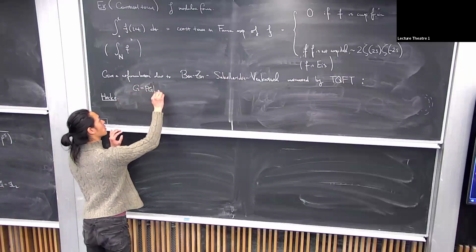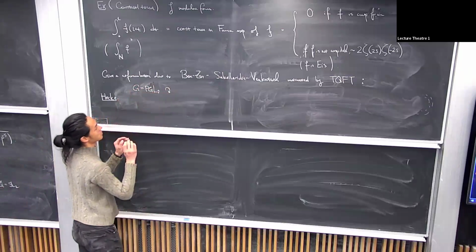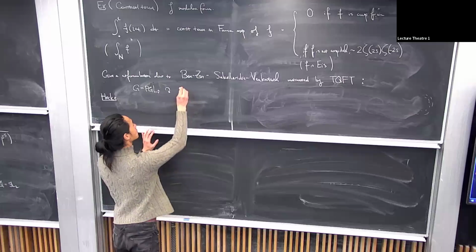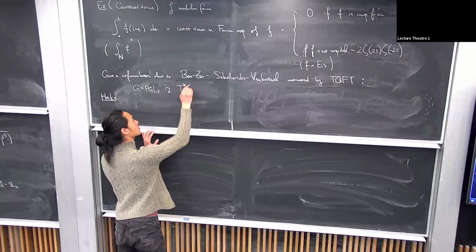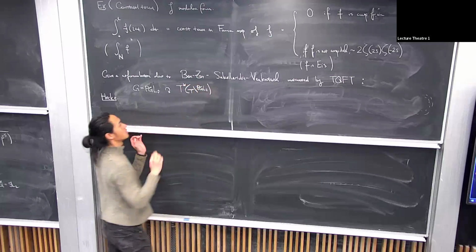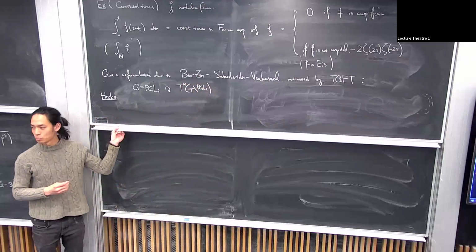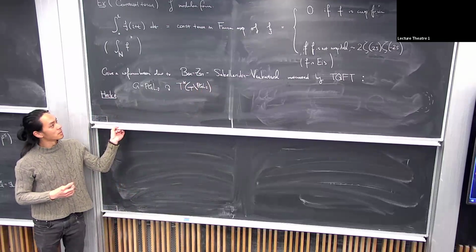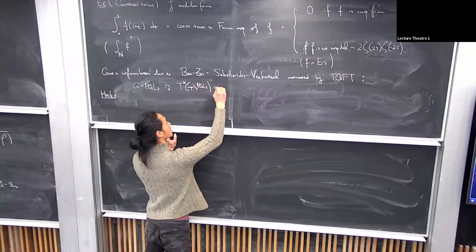But we want to think of it as acting on a Hamiltonian space or a symplectic space. So the space you want to consider is the following: the cotangent bundle of PGL2 mod the torus. Call this M.